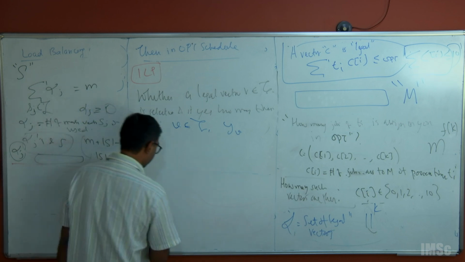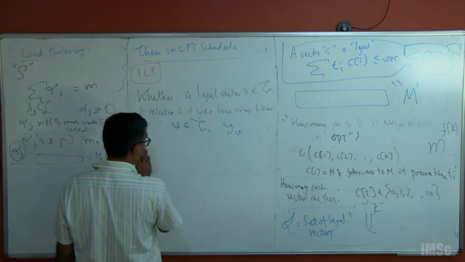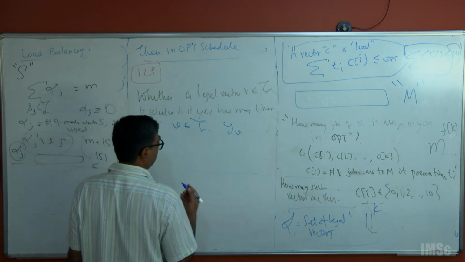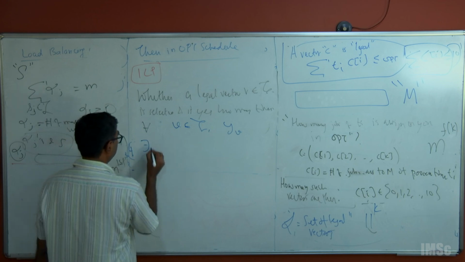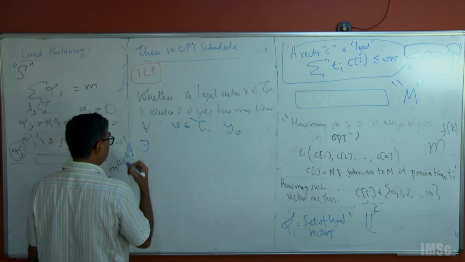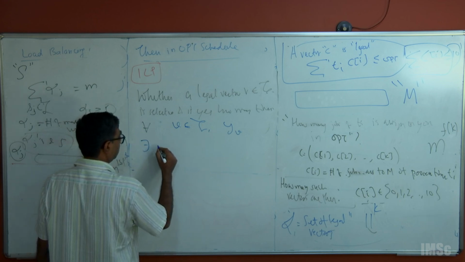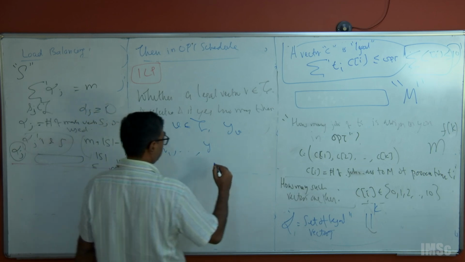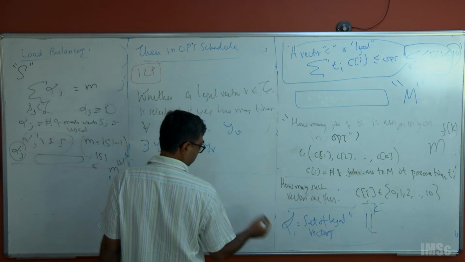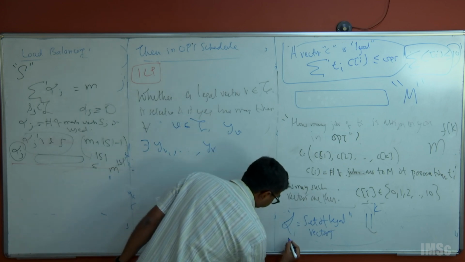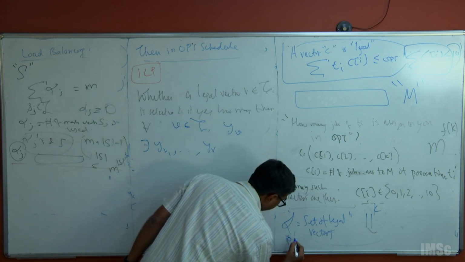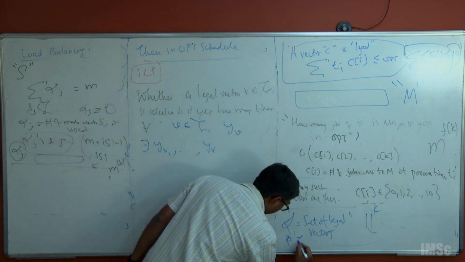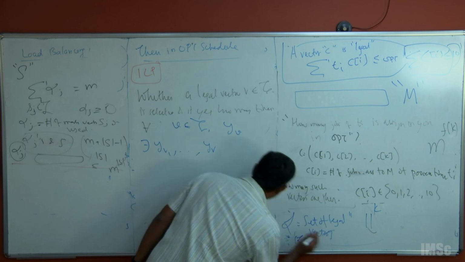Okay, so now I want to select y_v1, and so on, where the cardinality of L is equal to Q.